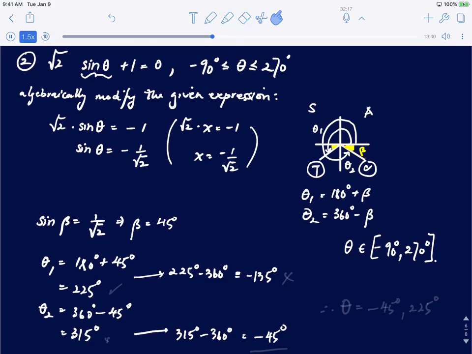Yes, Olivia? 315 minus 360, negative 45. Yeah. And 315, yeah, but that's one of the original ones. So these will always work, the first two that I get. This one doesn't, and this one does. Okay, so my theta is going to be, in order, negative 45, 225, and 315.